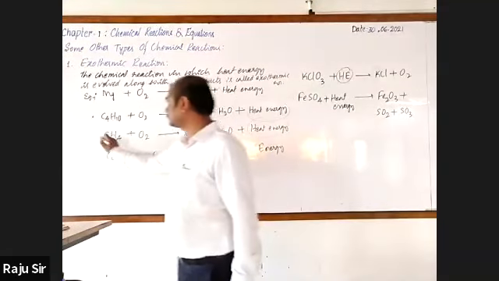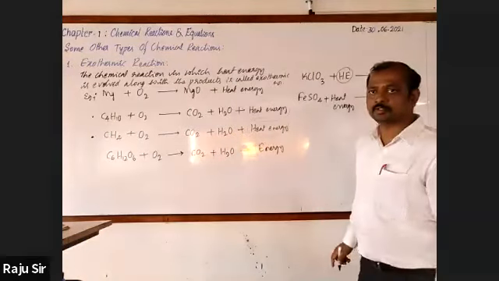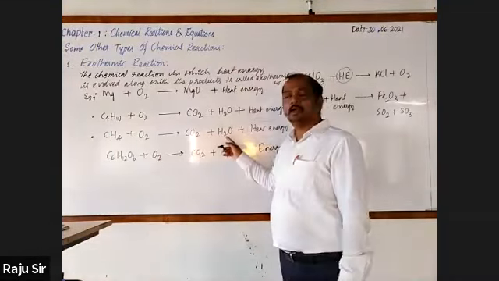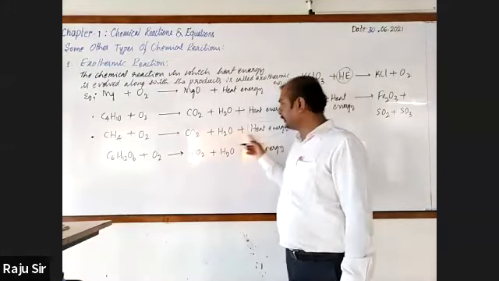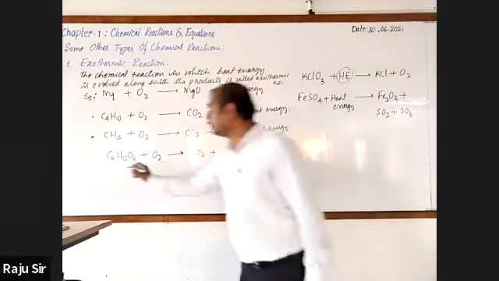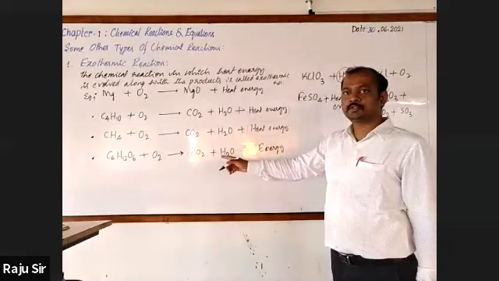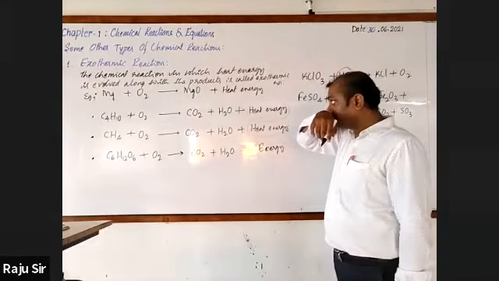Next, methane reacts with oxygen to produce carbon dioxide and water, even heat energy is also formed. Then glucose reacts with oxygen to produce carbon dioxide and water plus heat energy.